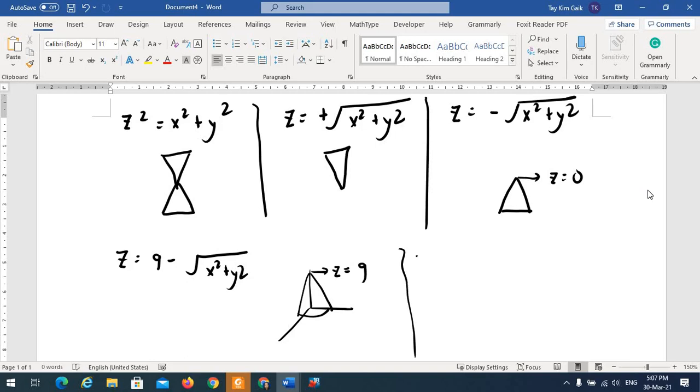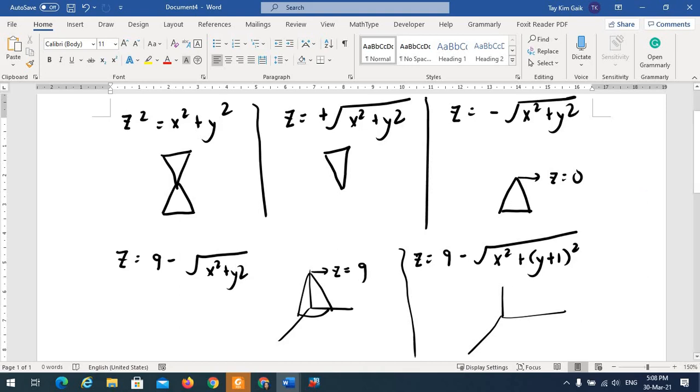Now what we have is z equals 9 minus the square root of x squared plus (y plus 1) squared. The lower cone moves up to z equals 9, but the center of the cone, which was x 0, y 0, now still has x equal to 0, but y is negative 1.